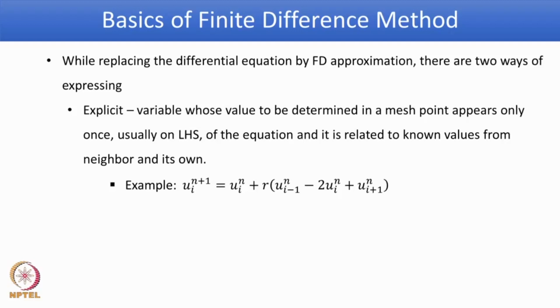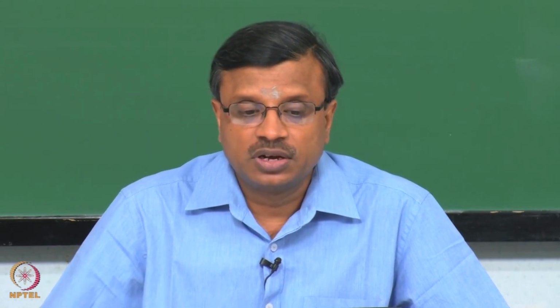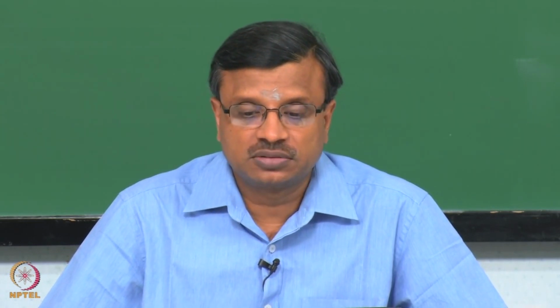So, you have the new value to be determined equal to a function of all old values. Those old values are either from its own location, determined from the previous time level in the case of unsteady formulation, or, for the same time level, related to all the neighboring points. Such a formulation is known as an explicit formulation.